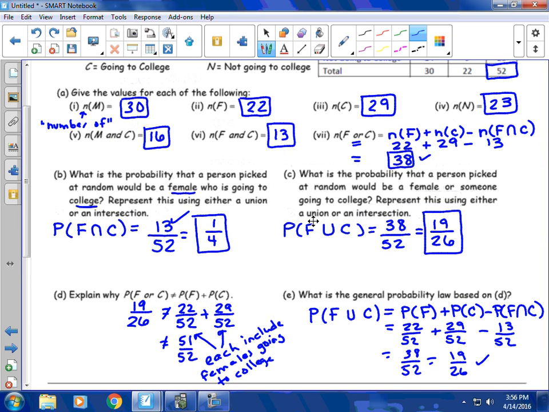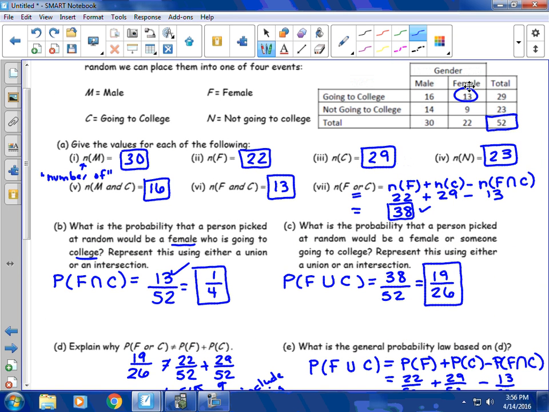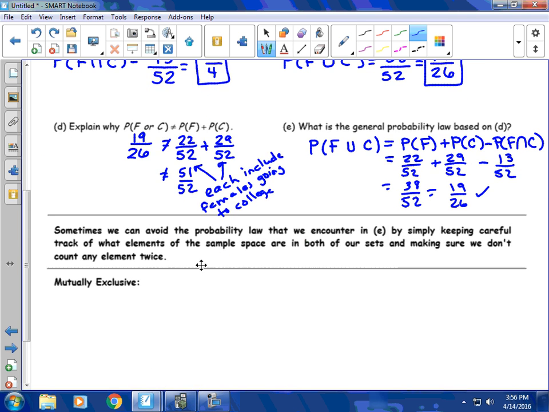That's essentially what we did when I was showing you that this row and this row both counted 13 twice. So if I wanted to figure out how many females or went to college, I would add up all the females and the remaining people that went to college, not counting that 13 twice. That's a little tricky to do sometimes, so it's better to use this formula.